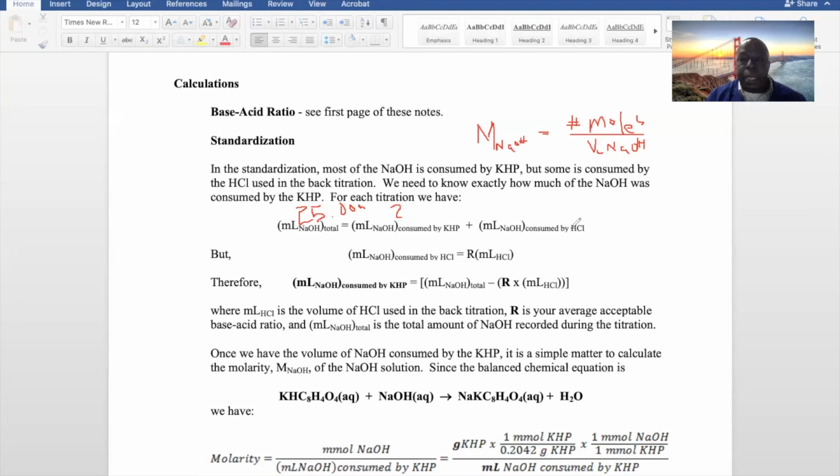Remember, when you added HCl at the second red, it consumed the extra ml of NaOH. Using that example, it was 1 ml, from 0 to 1.